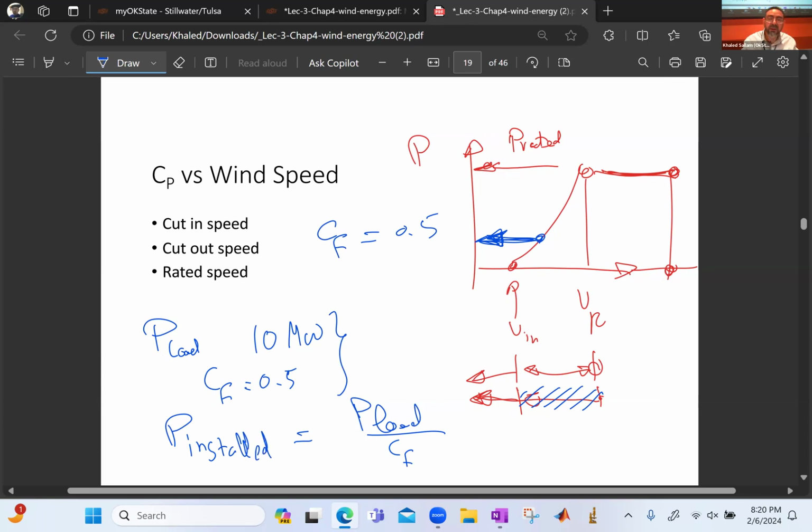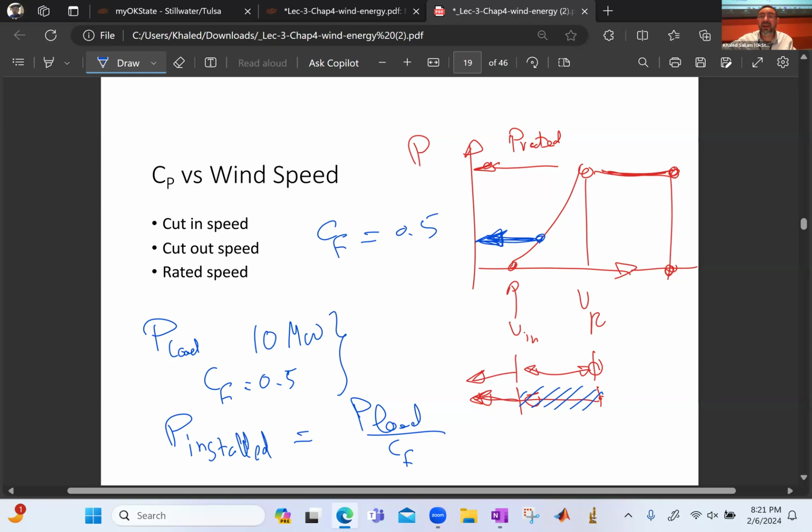You build twice as much, or if that CF is 0.3, it will be 10 over 0.3, right? So at the end of the year, you tell them, see, I gave you 10 megawatt. Of course, unfortunately, that 10 megawatt is not going to be every single day.